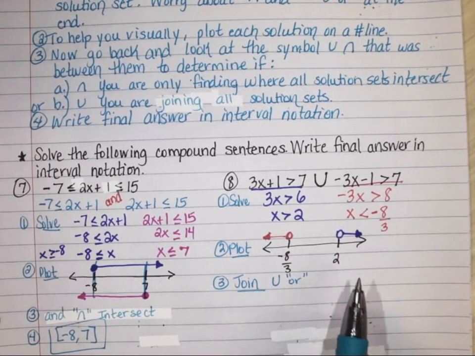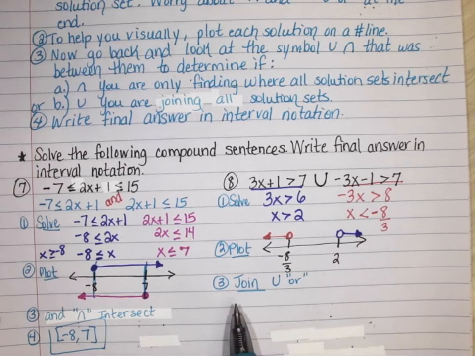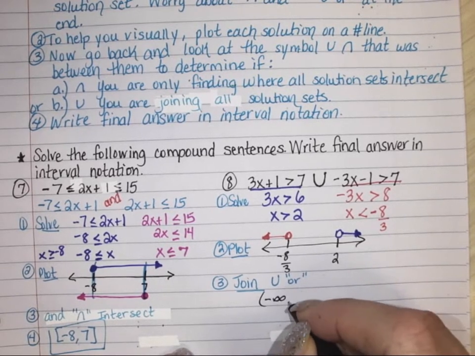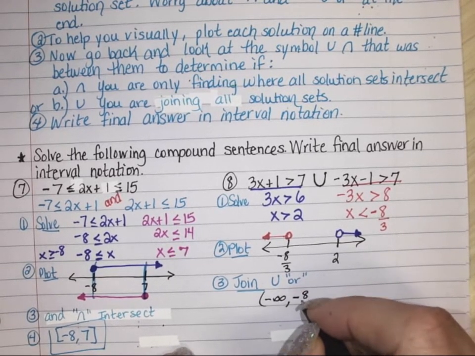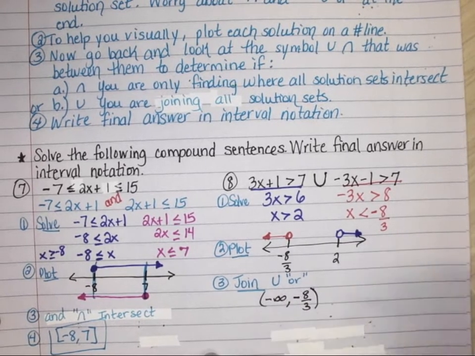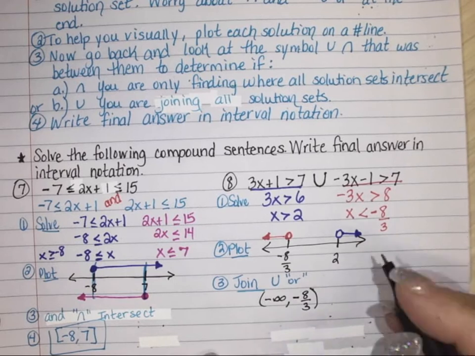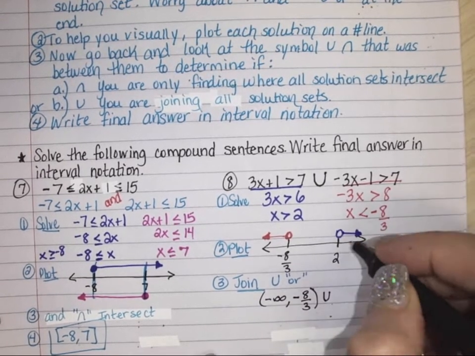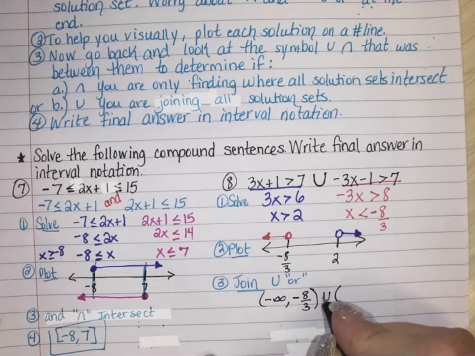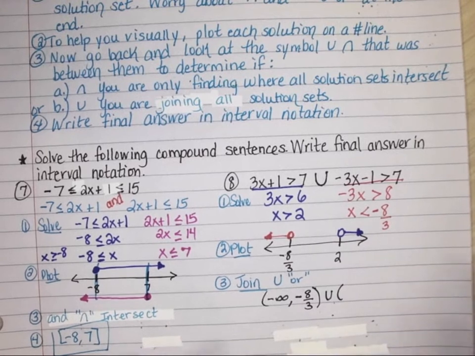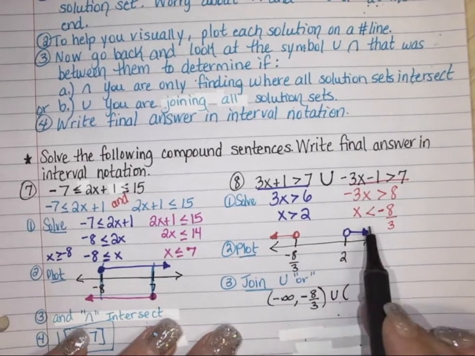So to find out the numbers that belong in either set, or to join or marry them, you're going to say it's all the numbers from negative infinity to negative 8/3. We'll put a parenthesis around it because it's an open hole. Then you're going to join that piece or solution set with this piece, so we put a U. When it has a gap in the middle, you always put a U, because you're joining this piece with this other piece.